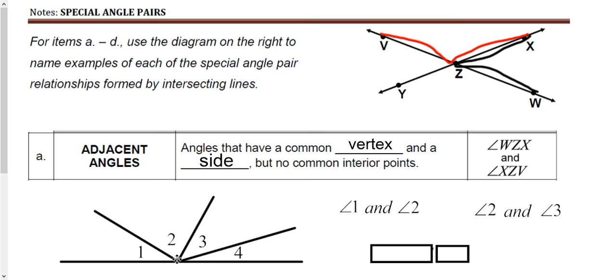They share this common side here, right, side by side, or 3 and 4. In this picture, there are a bunch of them. You could take this red angle and the one next to it here. These two would be side by side, or adjacent. This one and this one would be adjacent. Go around it, just picking out a pair of side by side angles sharing a common side.